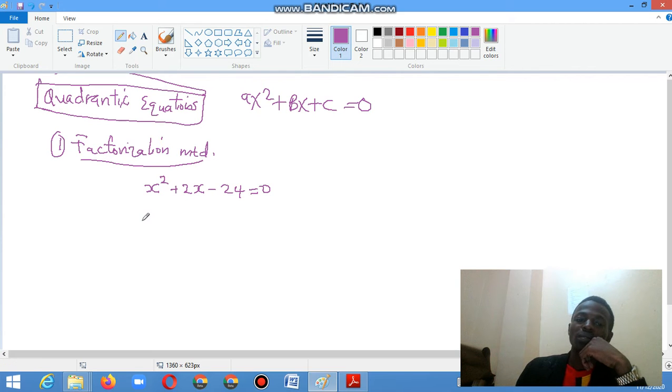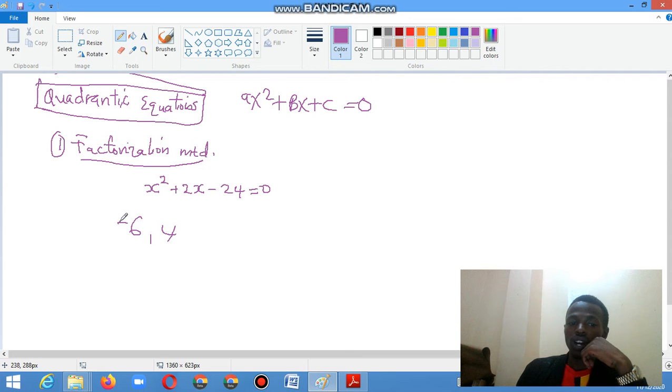For example, 6 and 4. 6 times 4 gives 24, but negative, so let me make one negative. Negative 6 times 4 gives minus 24. That's true. What about the sum? If I have minus 6 plus 4, do you get 2? No. You will get negative 2 instead of positive 2.